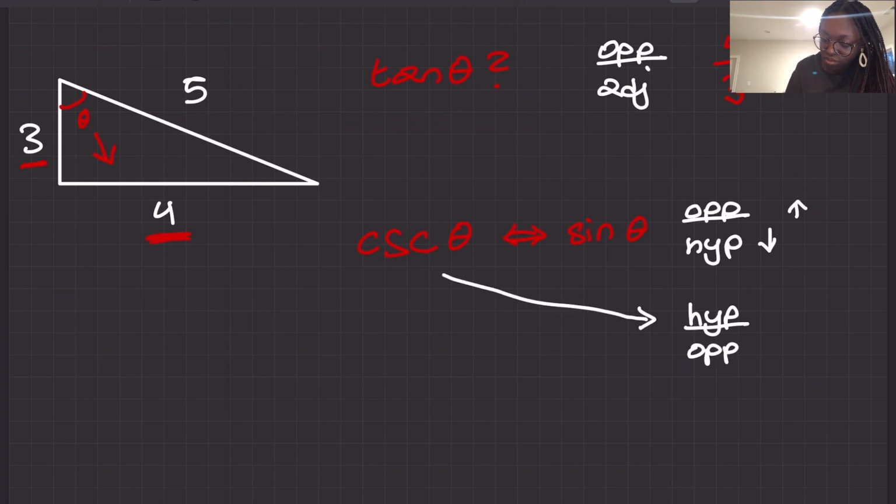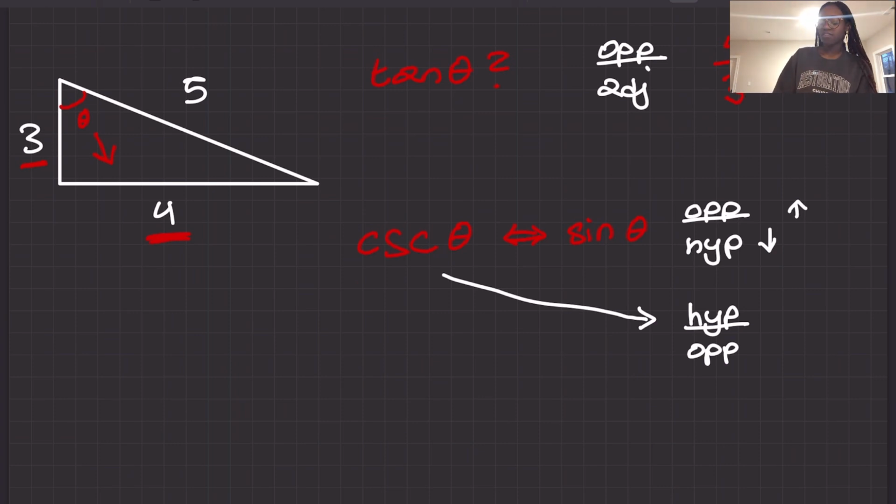Now, what does this have to do with cosecant, you ask? Because cosecant, and this is something you have to memorize, is the opposite of sine, we use the ratio for sine and we find the opposite of that ratio. So we just swap the two identities, I guess.